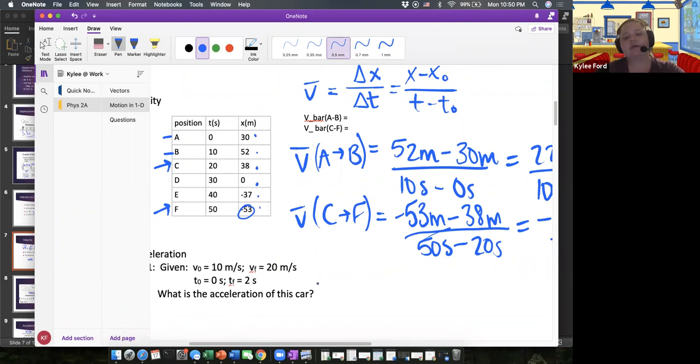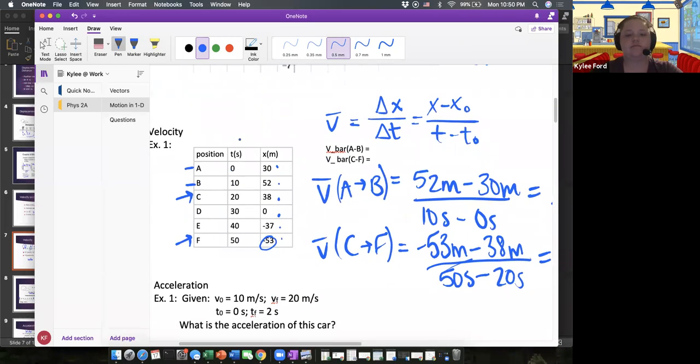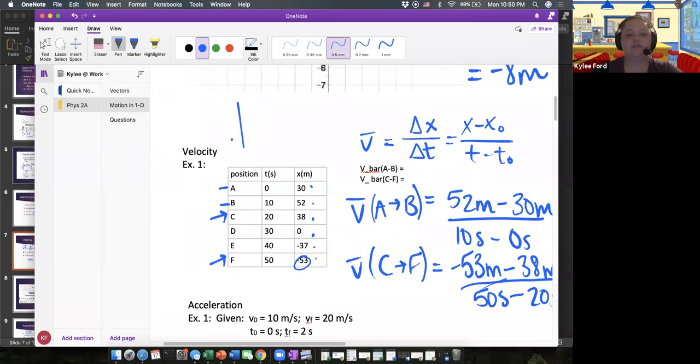So you can kind of imagine a graph. This is t, x, and we started somewhere up here at 30, then we went up here to 52, then down to 38, then down to 0, then down to negative 37, and then negative 53.